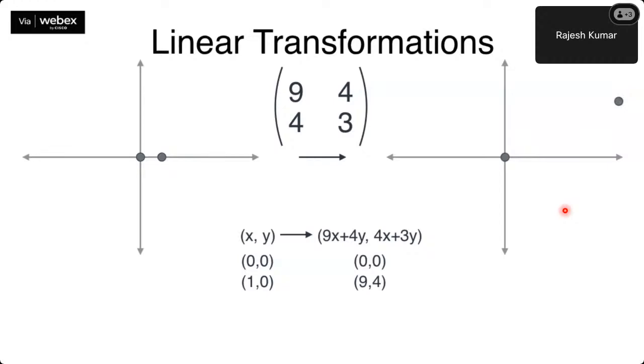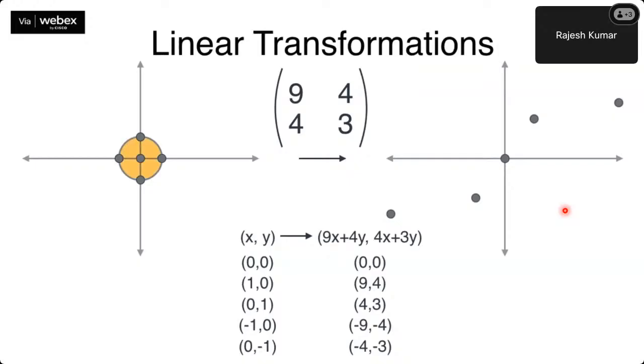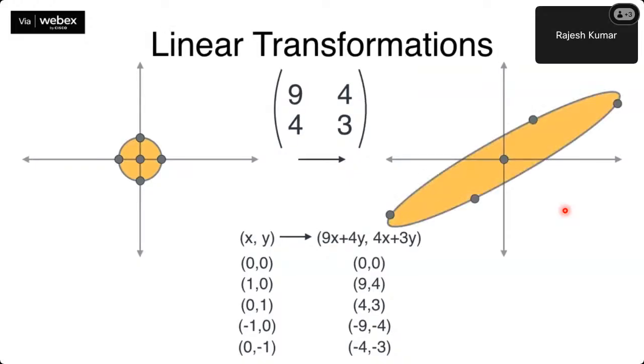So it is rotated and translated. Similarly, all the points you will find are rotated and translated, but not all the points. That is the important aspect. A few points remain the same. So if this is the structure here, this will be the structure here. This circular structure is transformed into an elliptical surface by a transformation matrix.